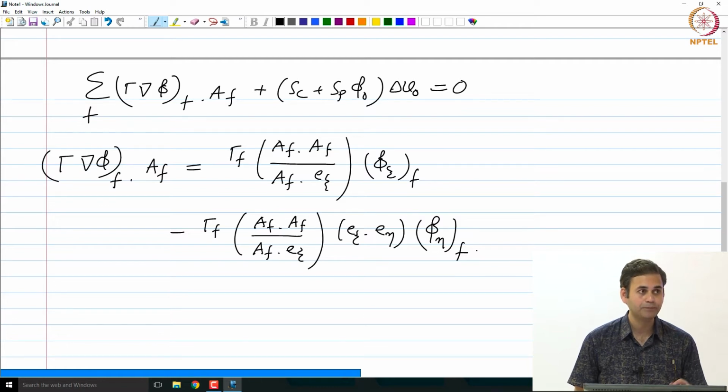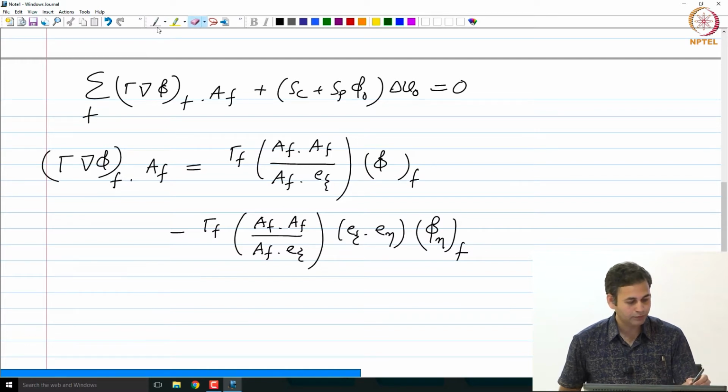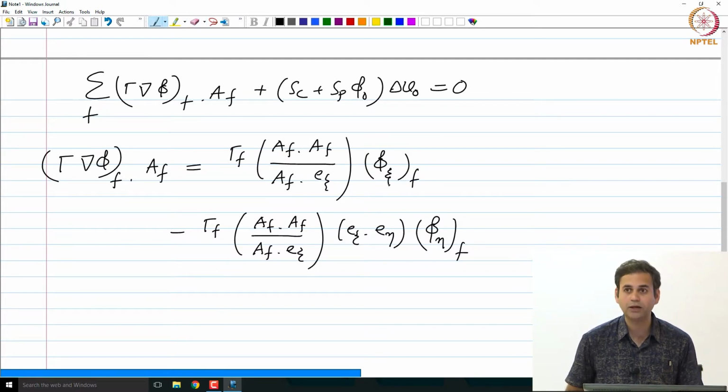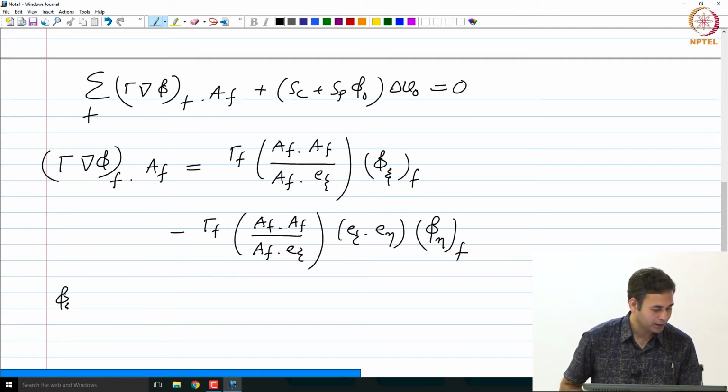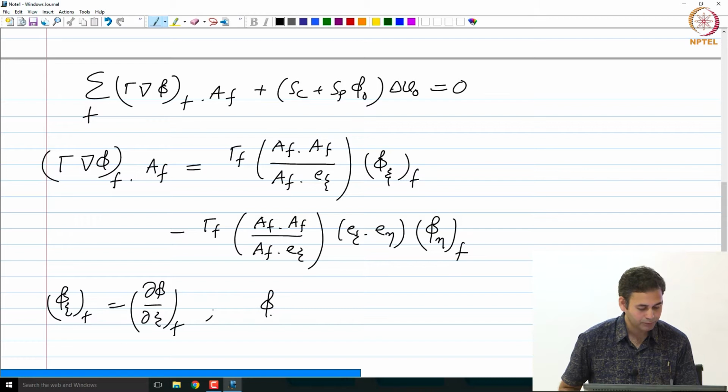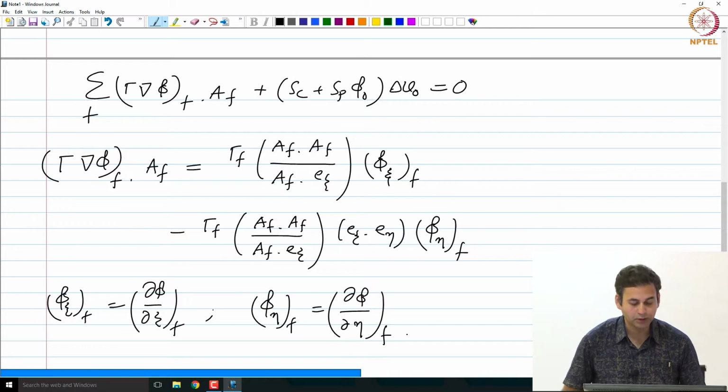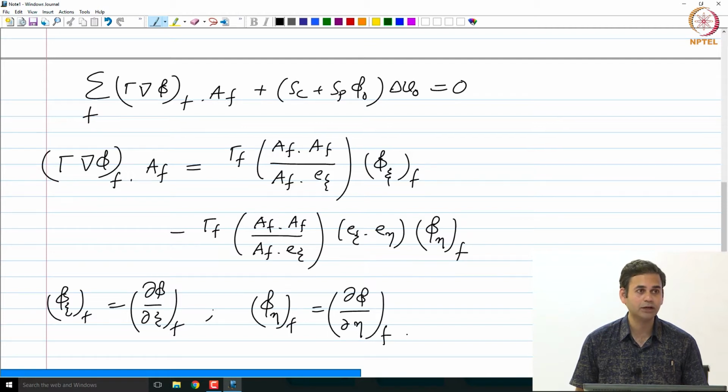Essentially we noted that the diffusion flux is not just phi xi, rather it is a combination of phi xi as well as phi eta. Phi xi f is partial phi partial xi on f, and phi eta f is partial phi partial eta on the face f. Up till now we never got the diffusion flux to have 2 components; it was always only one of them that would survive.